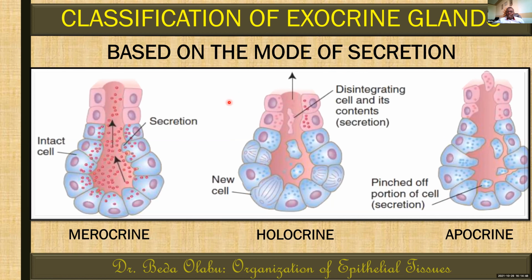So we classify exocrine glands based on those four parameters. The type of the secretory portion, you have three options: acini, tubular, and alveolar. Based on the structure of the ductal morphology, it can be simple or compound.